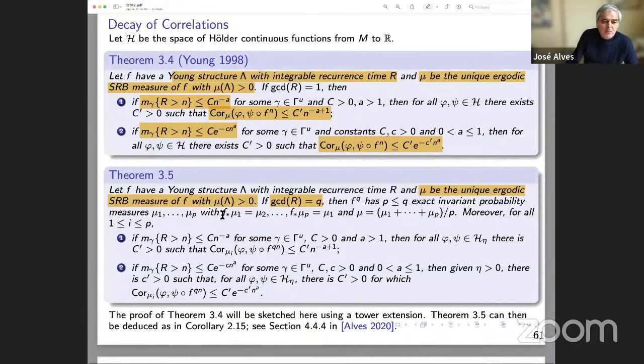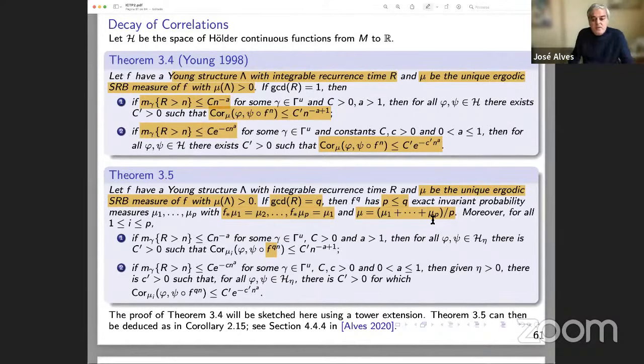And we can decompose it into a finite number of exact measures, and mu is precisely the mean of those measures. There's a cycle: one measure is the push forward of the other one. And we have the decay of correlations for the respective power. And as before, the number of measures can be strictly smaller than the greatest common divisor.